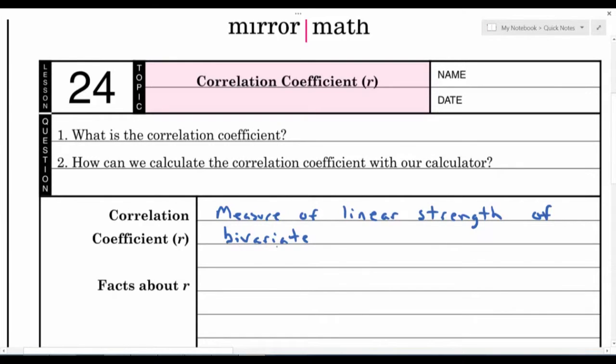Bi meaning two, variate variable. So when we talk about bivariate data, we're talking about ordered pairs, XY data.